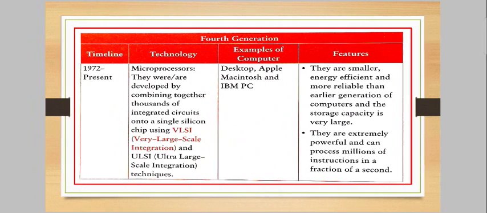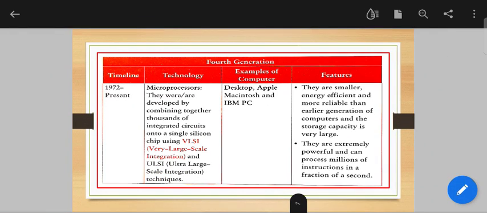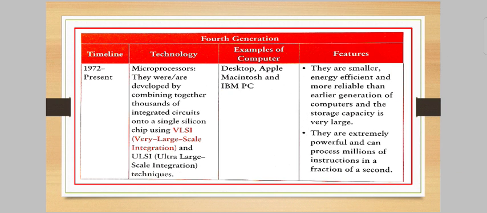Examples of the computers are desktop, Apple Macintosh and IBM PC. They are smaller, energy efficient and more reliable than earlier generations of computers, and the storage capacity is very large. They are extremely powerful and can process millions of instructions in a fraction of a second.